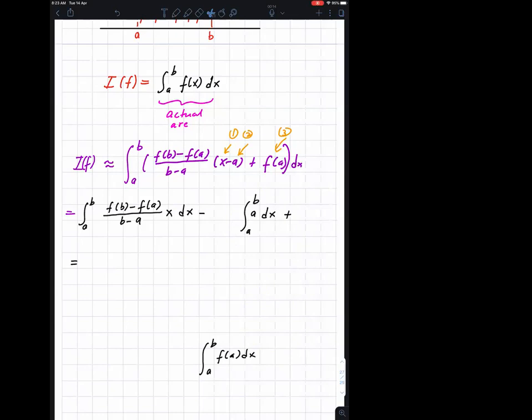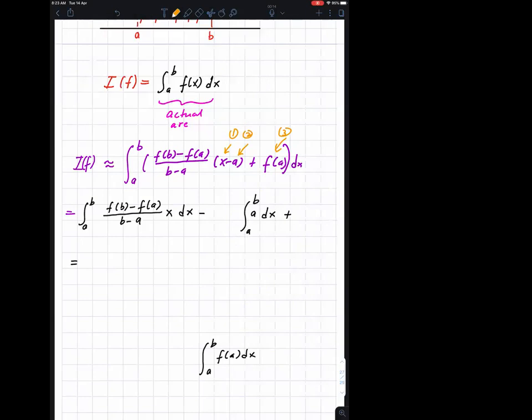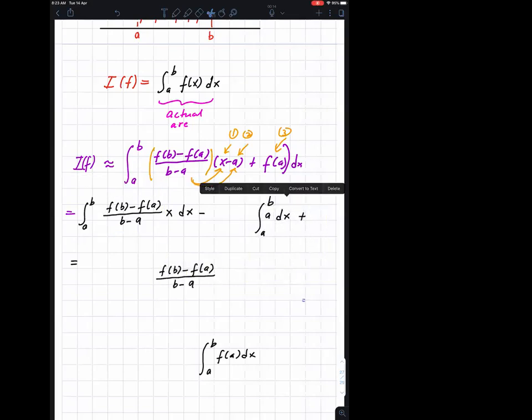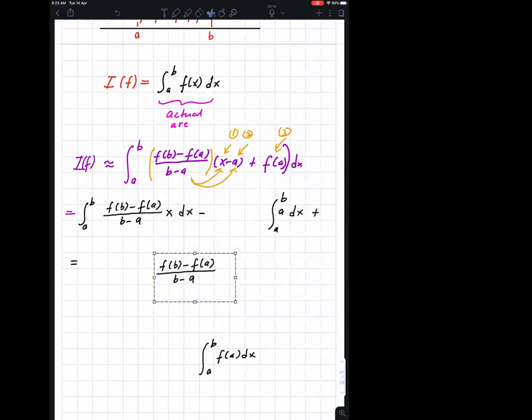Because you have this term multiplied, you have this term multiplied to this, and then this. So you also have the other term here. You can either put it outside or inside, it doesn't matter, because this term is a constant.